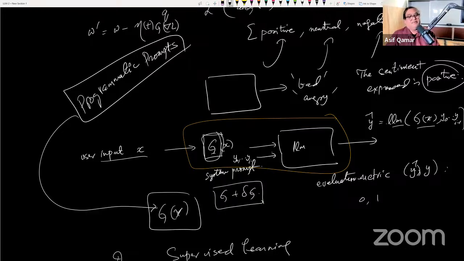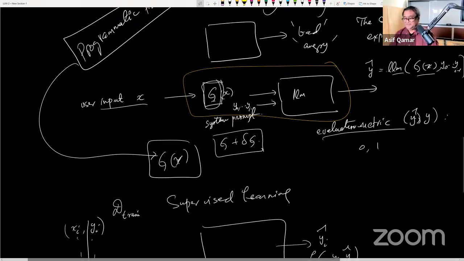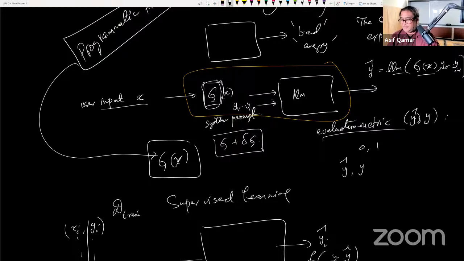You just create a Python function and you give it to the machine. No, you give the function itself to the machine and say, use this to judge the output. See, suppose I write this. Let's write it. Suppose it's sentiment analysis. Y hat and Y, you're comparing. What would your implementation be?